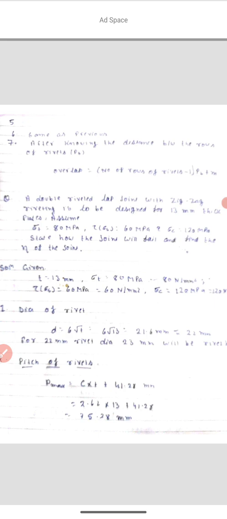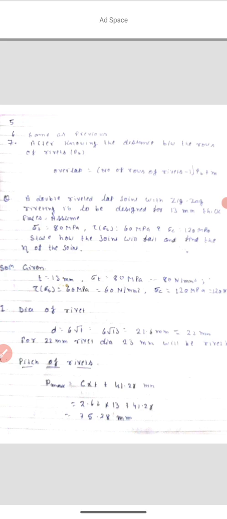You have to find out the distance between the rows of the rivets, that is the pb value, the same as we discussed previously.